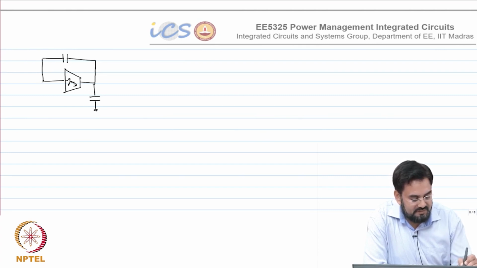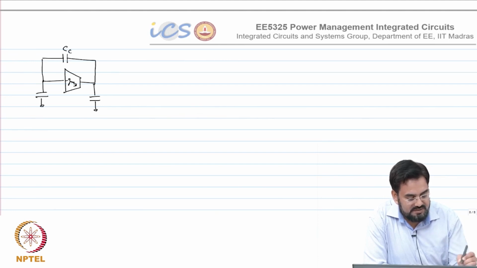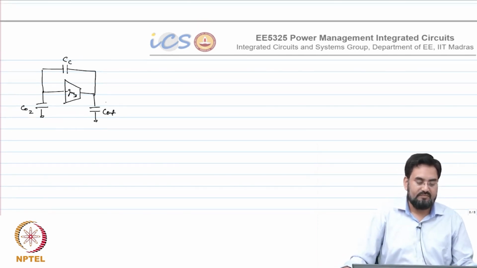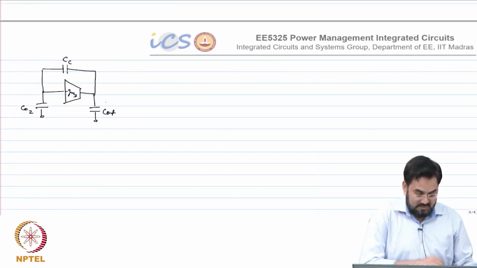So, I have Cc, CO2 and let us say C out. Okay.